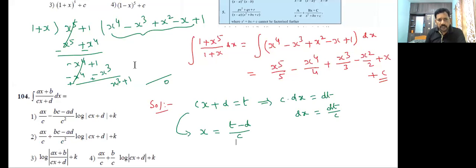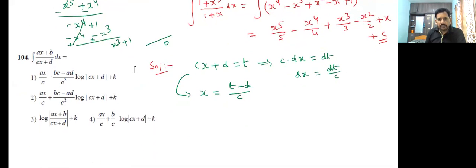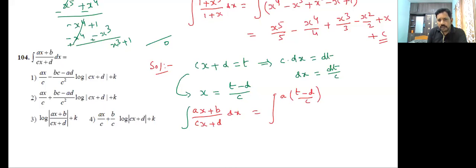These values substitute in the question. Integration of ax plus b divided by cx plus d dx. Integration a into what is x? t minus d by c plus b, divided by cx plus d means t, into dx means dt by c.